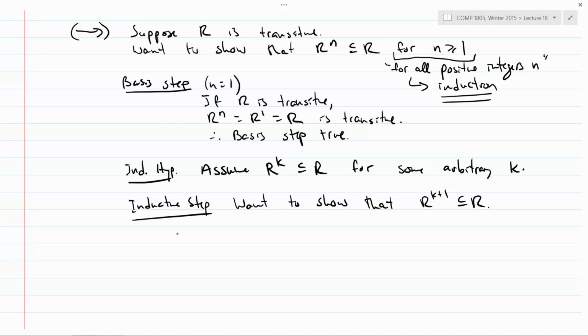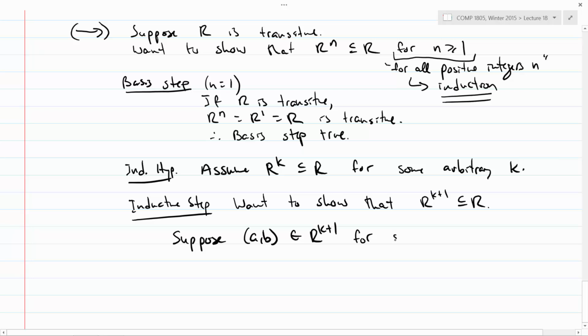Okay? So suppose that AB is in R to the k plus 1. And this is for some A and B. Okay, I don't know anything about them.